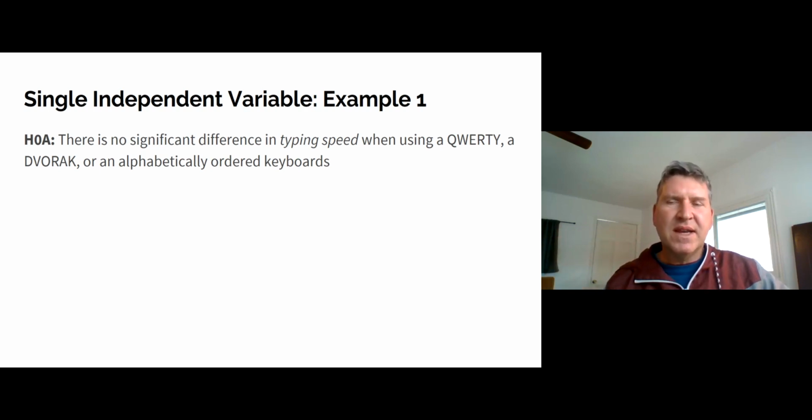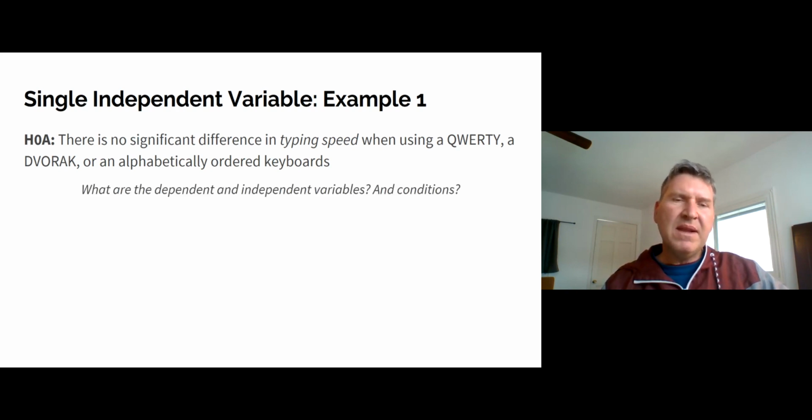Sometimes those are faster to type, sometimes slower, and this would be a study to see how this typing speed differs between these 3 different types of keyboards. Let me allow you to pause the video here and tease out the dependent and independent variables and the conditions for this hypothesis statement.